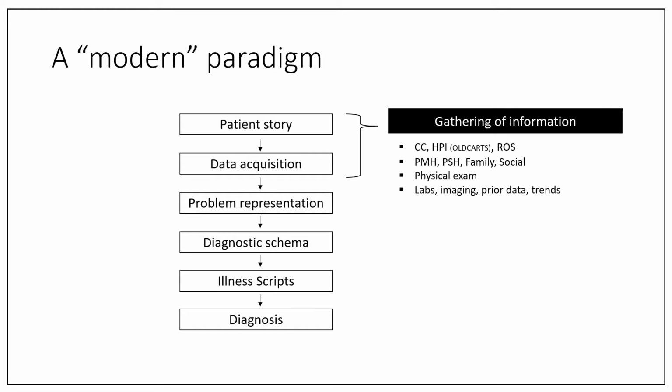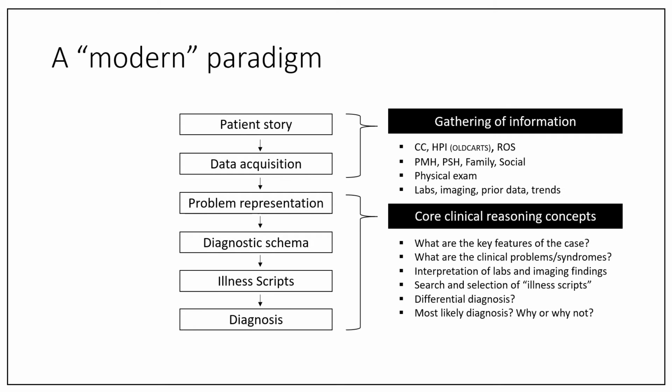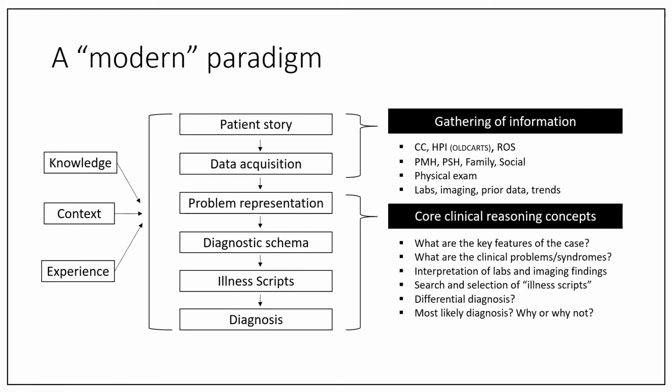The remaining four elements are more focused on the clinical reasoning process itself and address questions like, what are the key features of this case? And what clinical syndromes does the patient have? And what is the most likely diagnosis? The model also includes global influencers of knowledge, context, and experience, all of which affect the clinical reasoning process at various levels.